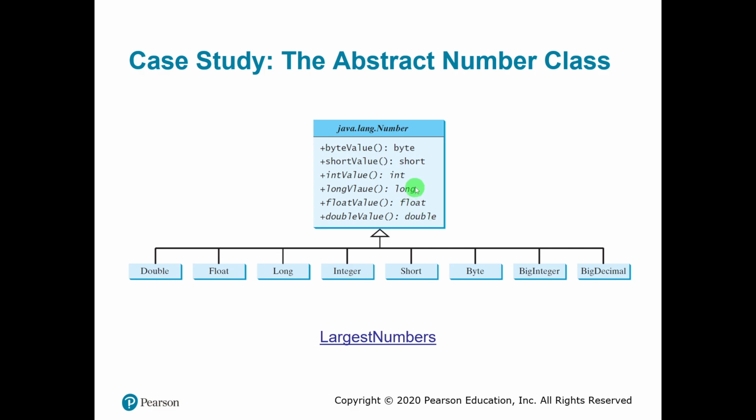All of these classes must have these four methods implemented inside of them. So I'm guaranteed if I have a number that's defined as an integer, I can run int value, long value, float value, or double value on that integer. It's guaranteed to be there because the abstract class number, along with its abstract methods, enforces that rule.